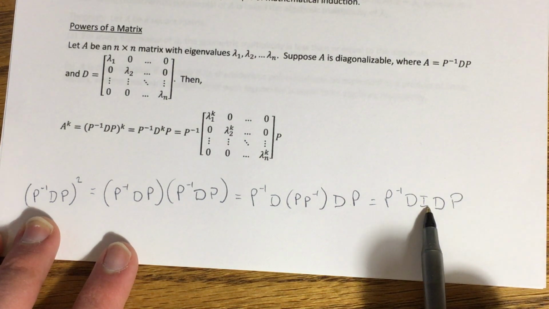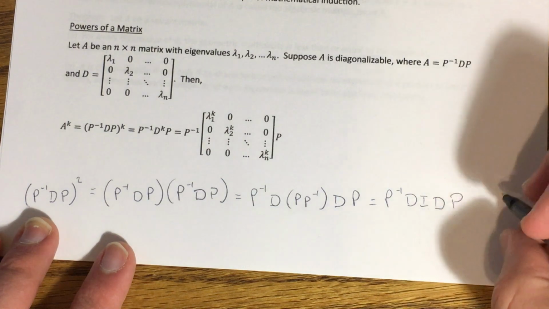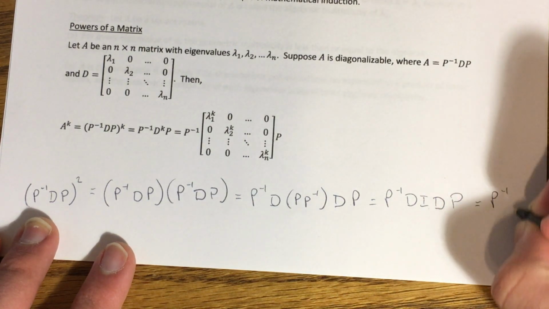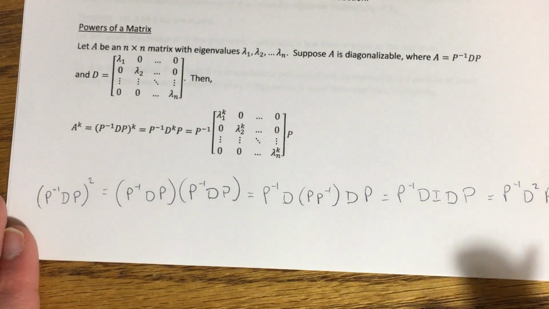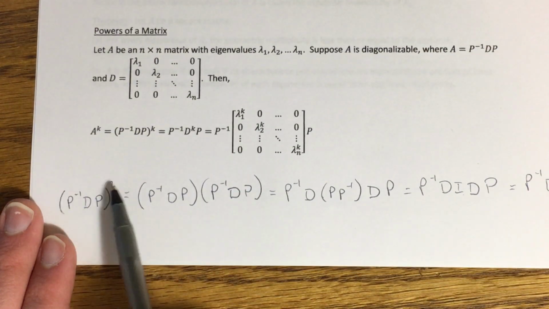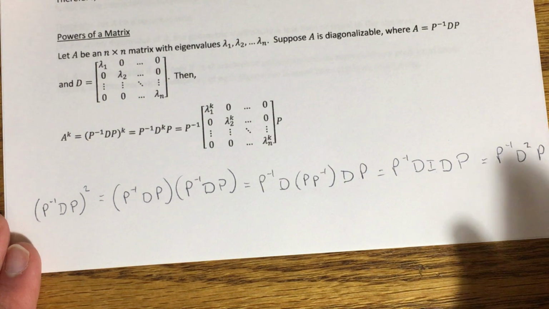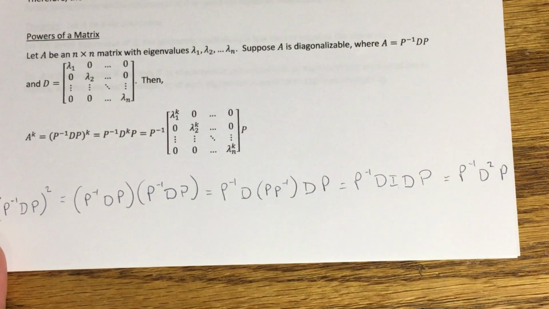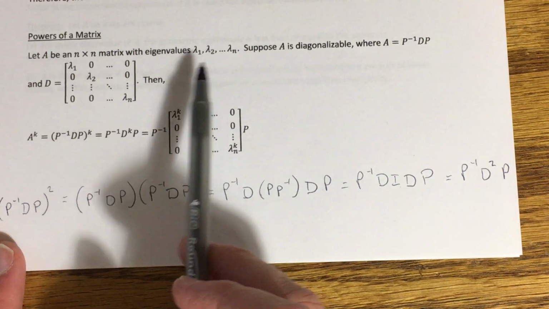Now the I is the identity matrix, so I can even get rid of it and just call this D times D, which is D squared: P inverse D squared P. And you notice this is the case where k is equal to 2. If I raise this to the second power, it's equivalent to just taking that exponent to the matrix in the middle and calling this D squared, right? A similar argument can be made for any positive integer power of k.